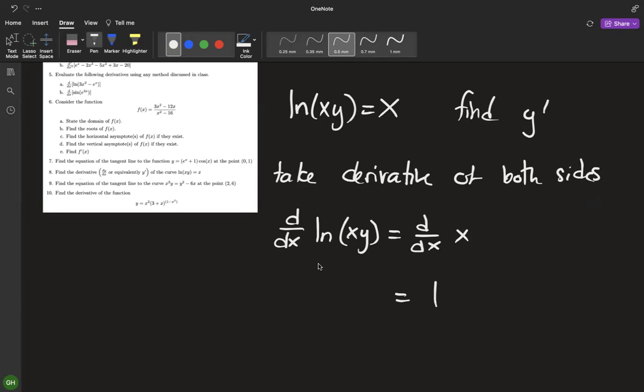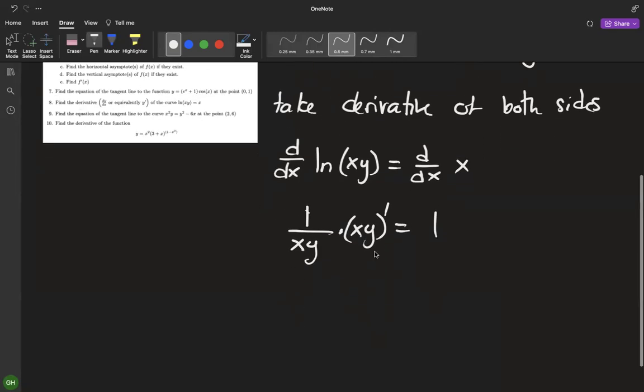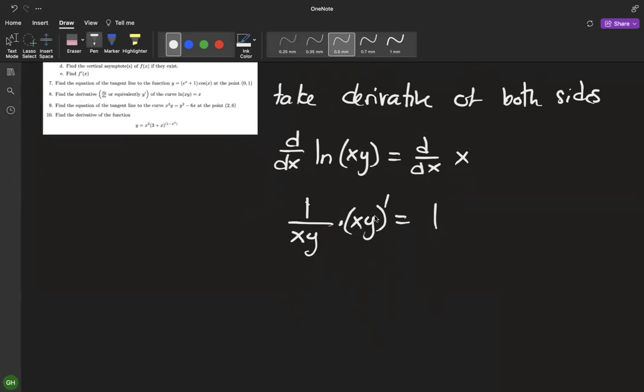And on the left side, the derivative of natural log of whatever is 1 over that whatever times the derivative of that whatever. Okay. But now how do I take the derivative of this? When I have x times y, I have to use the product rule. So this is 1 over xy times the product rule.